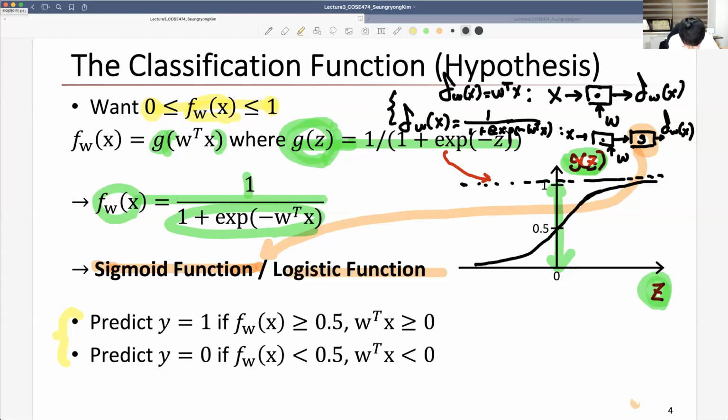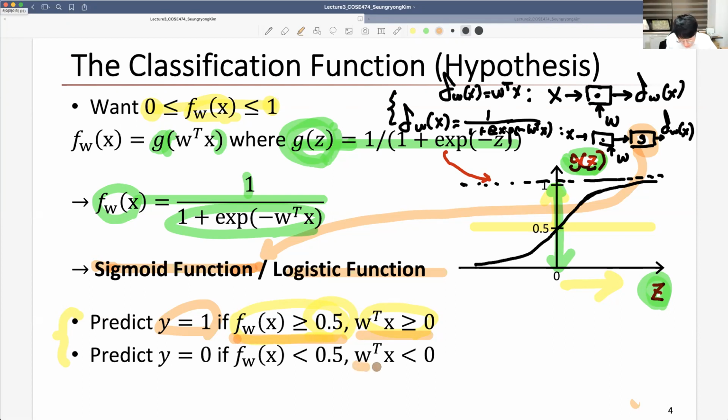So here's our new strategy. Let's say if the output of the mapping function is larger than 0.5, which is the same as w transpose x being larger than 0, this point, then in this case, we can say that y is equal to 1. So again, if w transpose x is larger than or equal to 0, and f_w(x) is larger than or equal to 0.5, then we can predict that y is equal to 1.